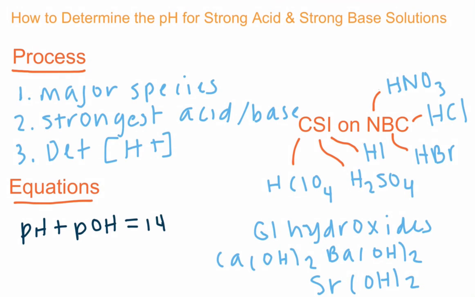That is an important equation that relates our concentrations of H+ or OH- and our pH to our pOH. Also, pH equals the negative log of the concentration of H+. Finally, pOH equals the negative log of the concentration of hydroxide ions.